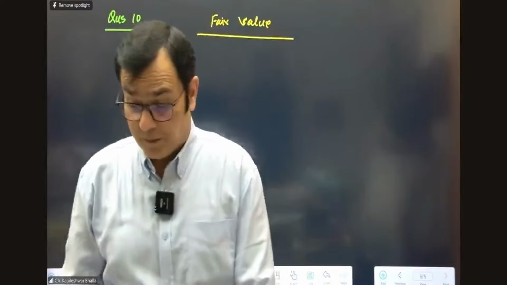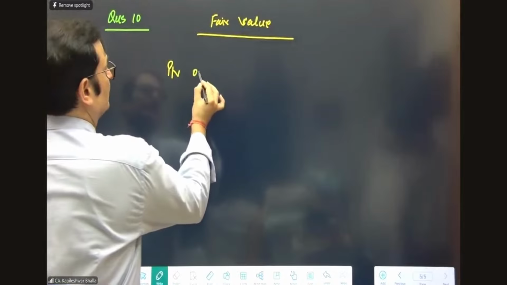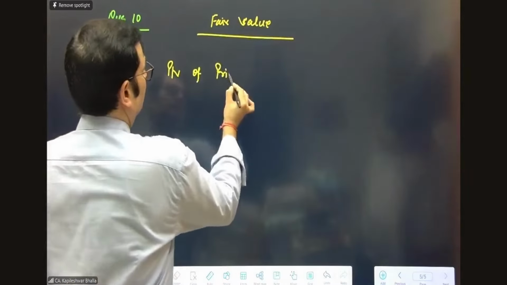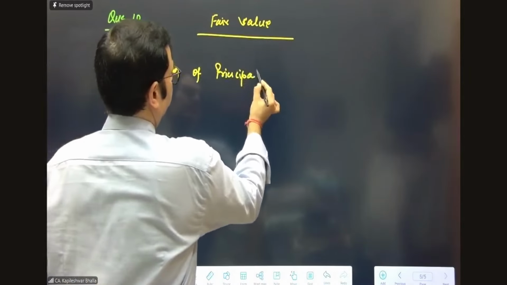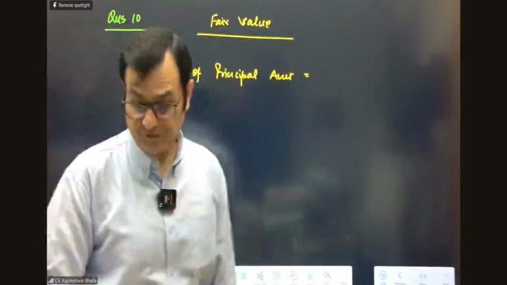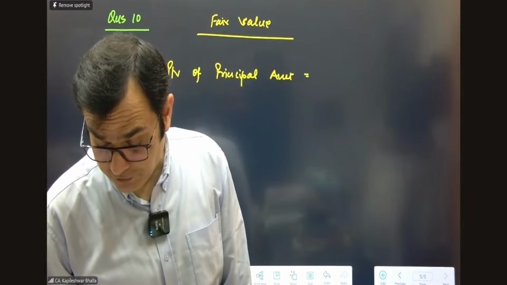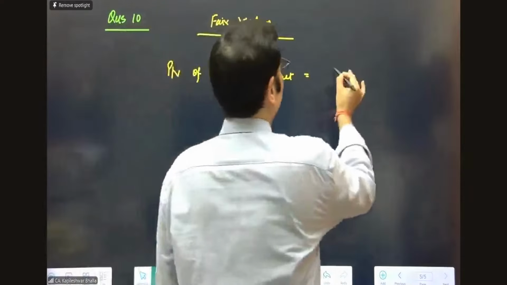Now here again, we can clearly see that there is no collection by the parent company over the entire period of 3 years. The only collection is the principal amount of that investment. That's it. So the fair value in this case is going to be the present value of the principal amount which is invested. There is no collection of interest in the interim for the period of 3 years. So in this particular case, we are given the value of the preference shares as 500 lakhs.